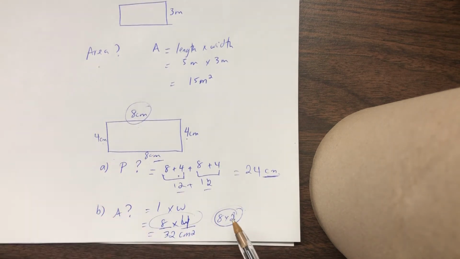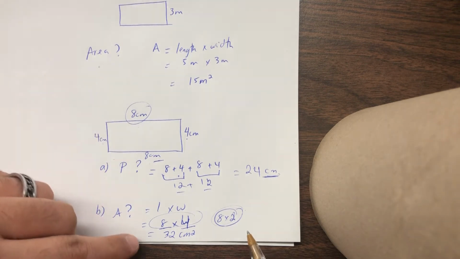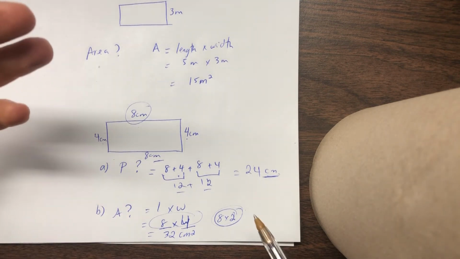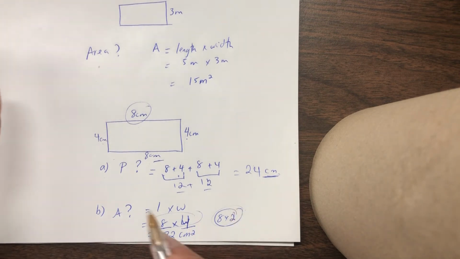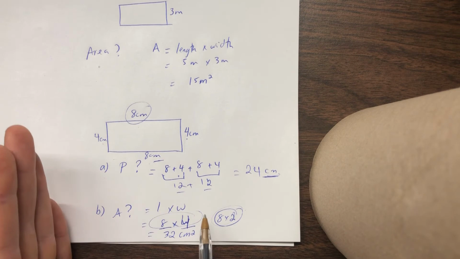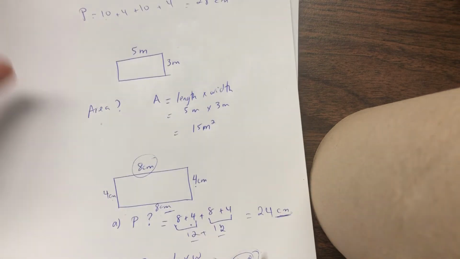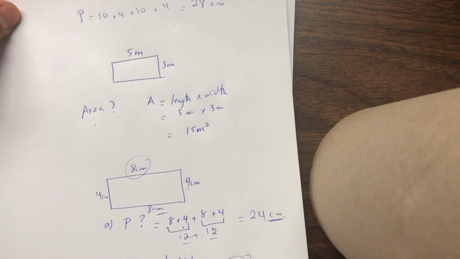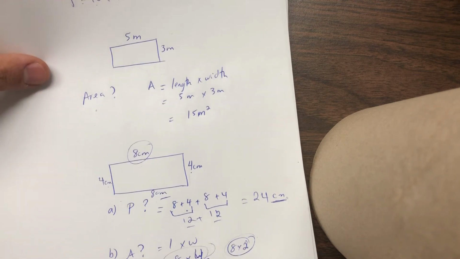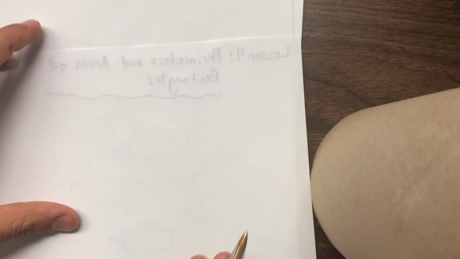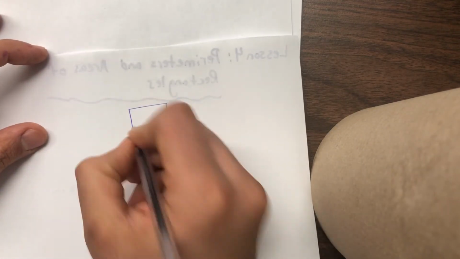So for 8 times 4, if you do not know the answer, you could do the half-double rule, or work with the smaller number that you know the answer to, and then move on. That's why I said 8 times 2 is 16, and then because you have to double it to get 4, it equals 32.